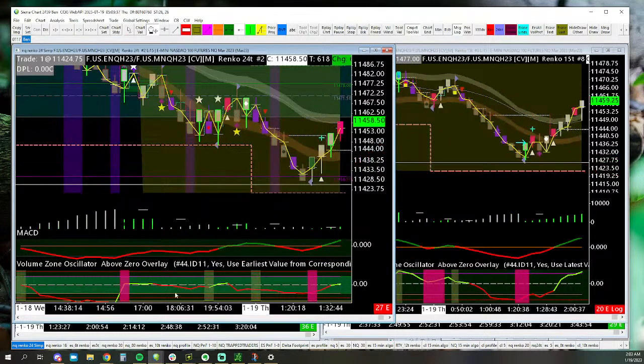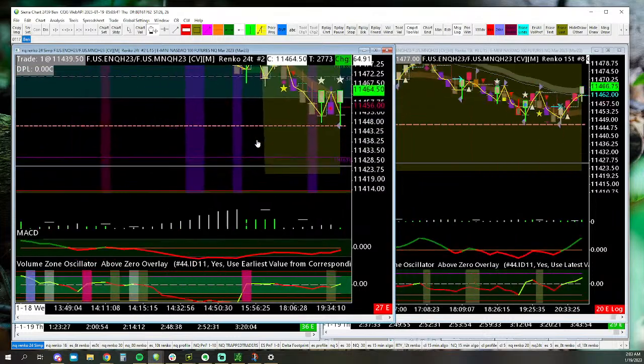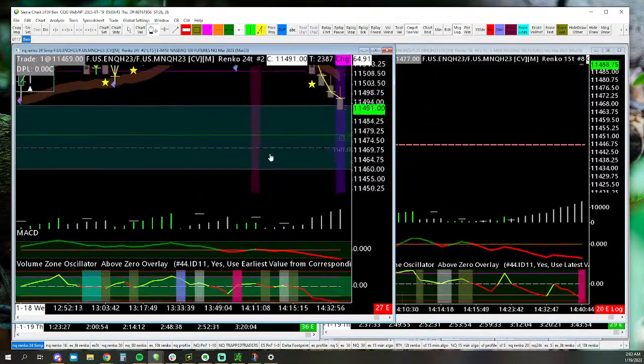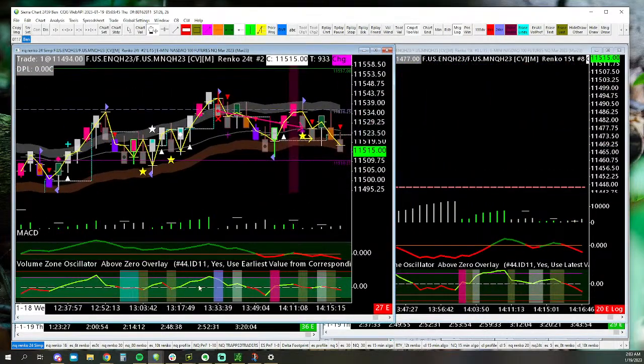Now, the other thing that's kind of neat about these little colors down here is when you get two of them, one right after the other, you can get some really good information, and it can produce some really big pivots. Not necessarily an immediate move, but a location that might be relevant in the future.